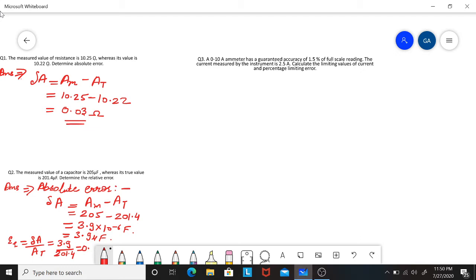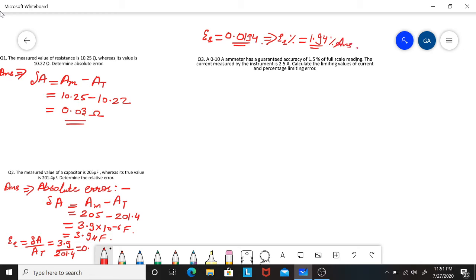Your epsilon r is equal to 0.0194. This is your epsilon r. If we talk about percentage, epsilon r percentage would be 1.94%. So this is the final answer of this question.